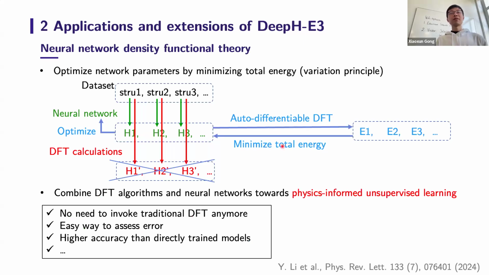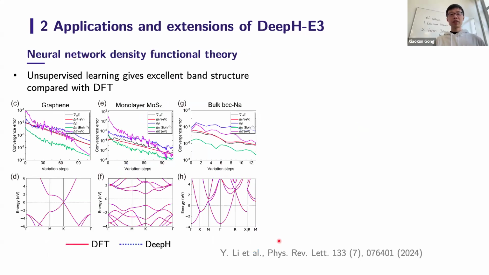Previously, when we were unsure of how our neural network was performing on a certain material, we had to do a DFT calculation and benchmark it. But now we don't need to do DFT anymore. We can directly compute the total energy, and then we directly have the estimated error of our neural network. And according to our tests, this method also allows higher accuracy than directly trained models.